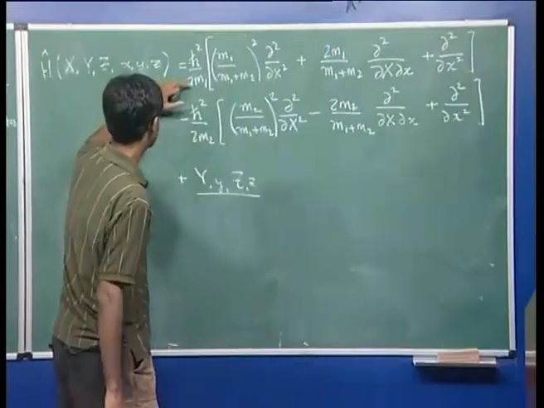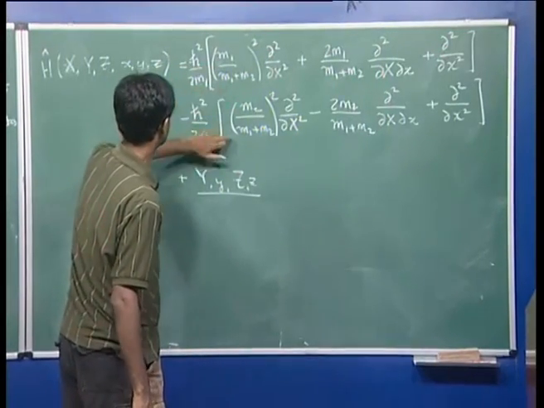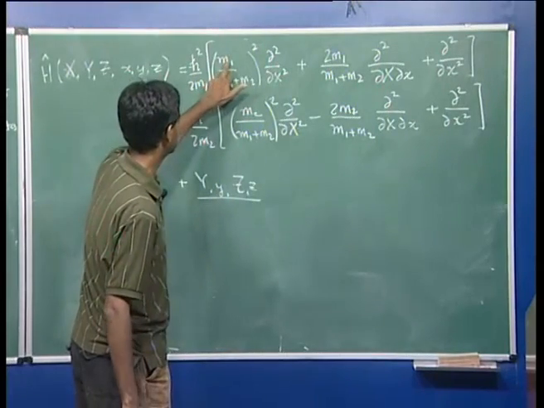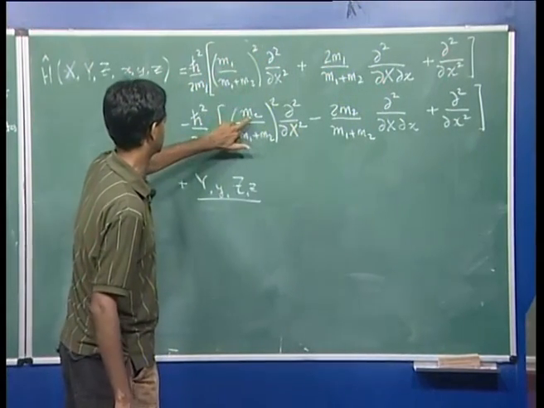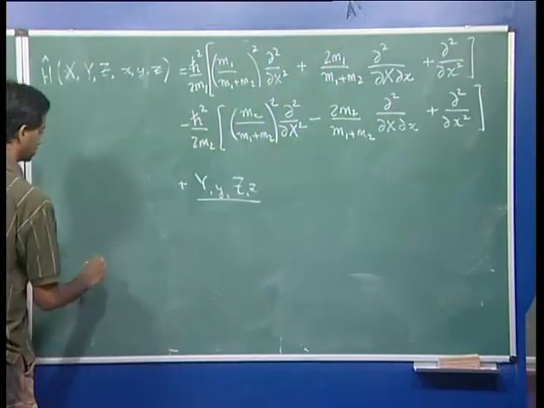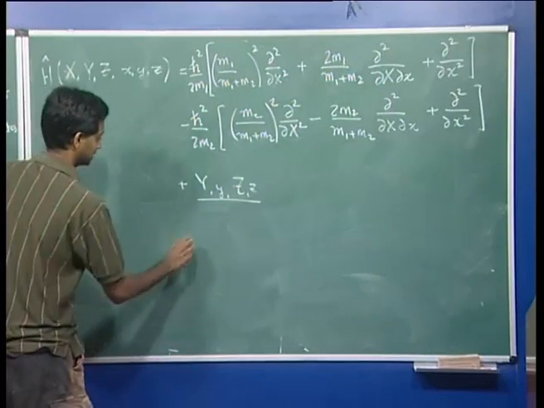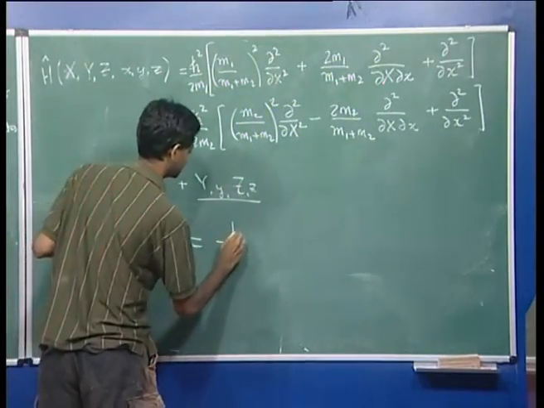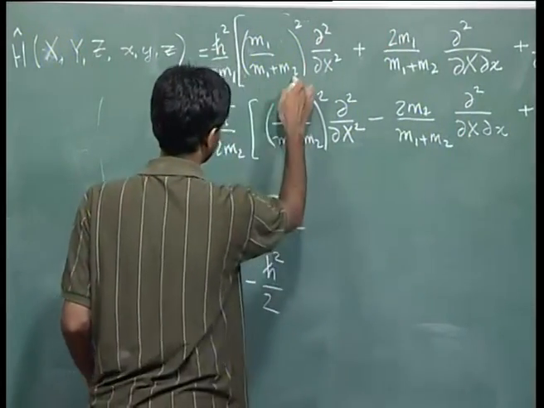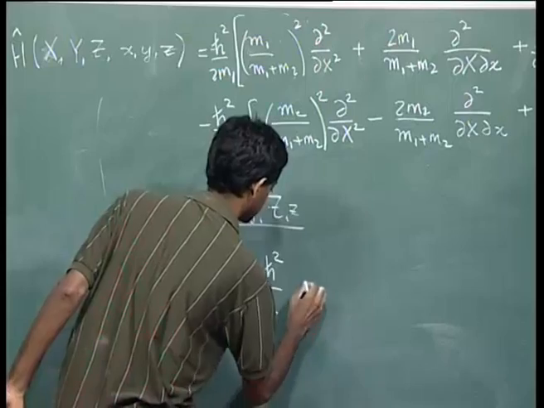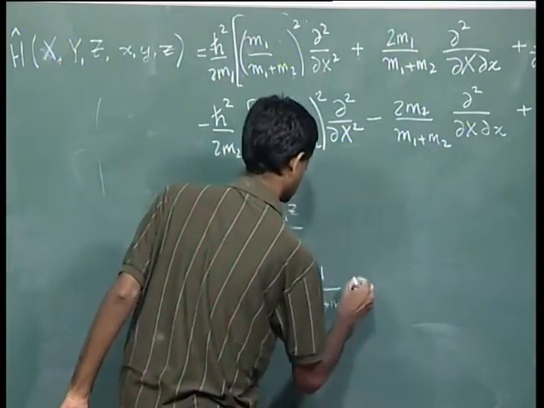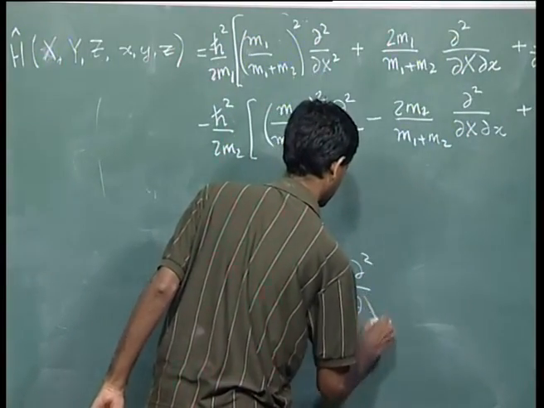Now, if I add these two terms, here I have a 1 by m1, here I have 1 by m2. So, m1 square becomes m1 and you have m2. So, you have m1 plus m2 divided by m1 plus m2 square, and so I can write this whole Hamiltonian as minus h cross square by 2, and so I have 1 over m1 plus m2 and m1 plus I have 1 over m1 plus m2, ∂²/∂x².